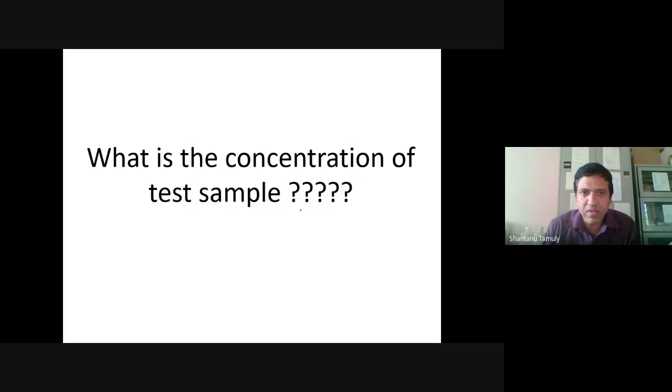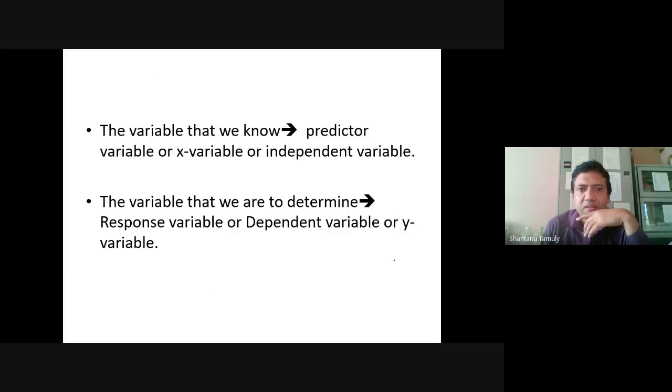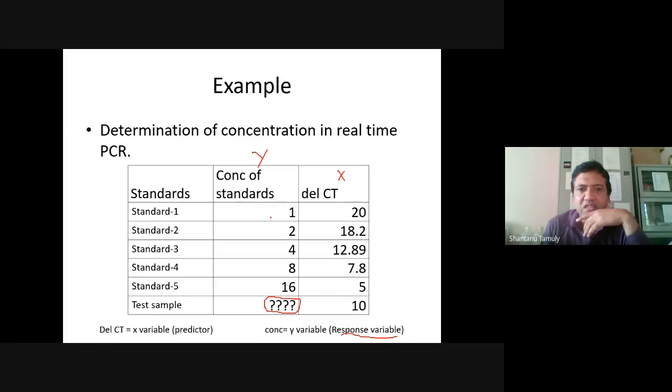This is our objective. So you see, we make a standard curve. Here we have the concentration, and here we have the delta CT value. This is the standard curve we make only for the standards. In the case of standards, we have both X as well as Y, but in the case of the test sample, we do not have the Y. So we cannot use the value of the test sample for making the standard curve.